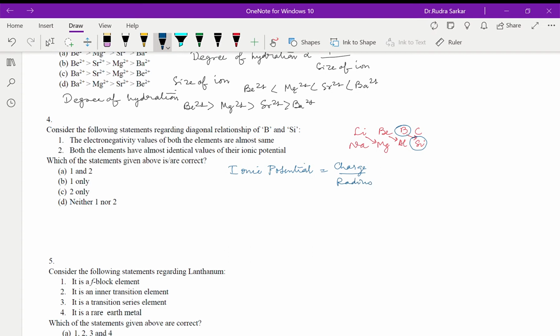So this ionic potential and also electronegativity, which is EN, also represented as chi, these two things, for elements which are diagonally related, they will be the same. So over here our answer is going to be option A.